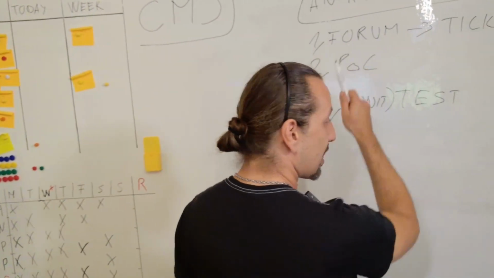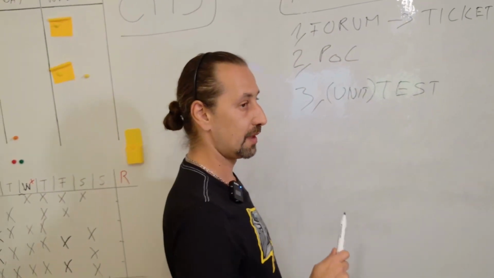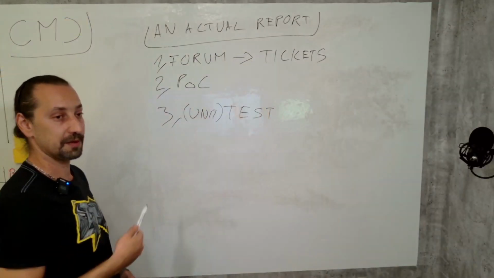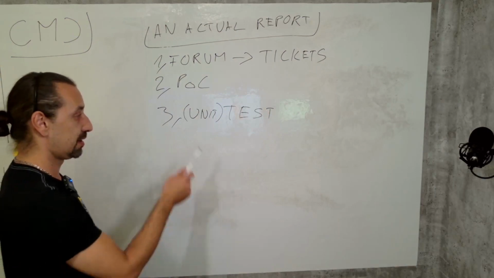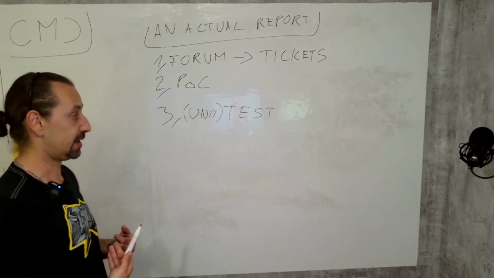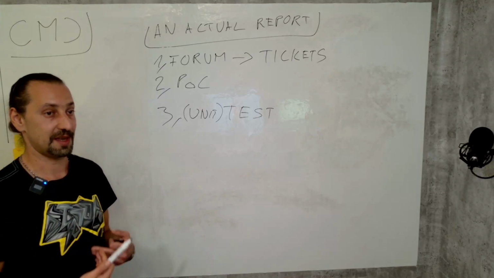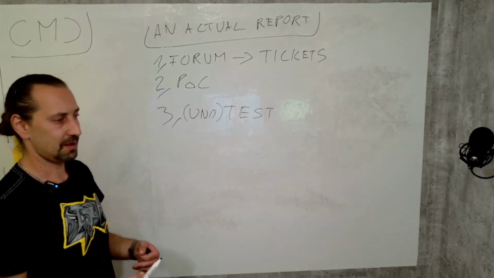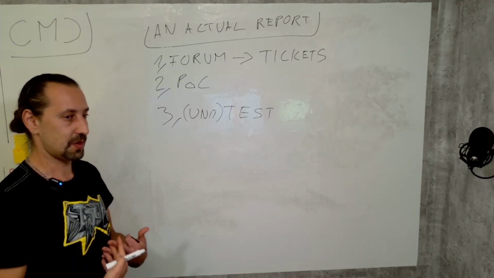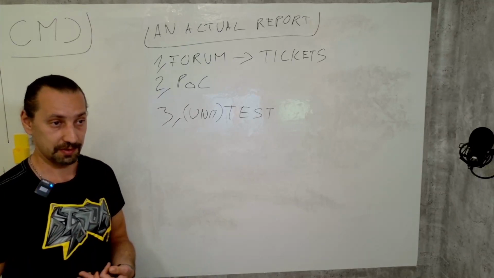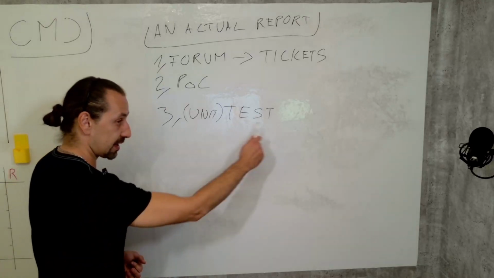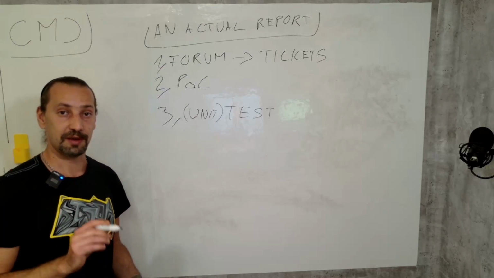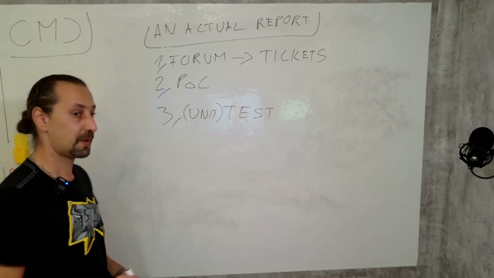So, I have an actual report. I can reproduce it with a proof of concept. How will I know that this issue is actually fixed? By testing it. How can I mitigate the reoccurrence of this issue? I write a test, not just pushing a button. You should actually write a test.